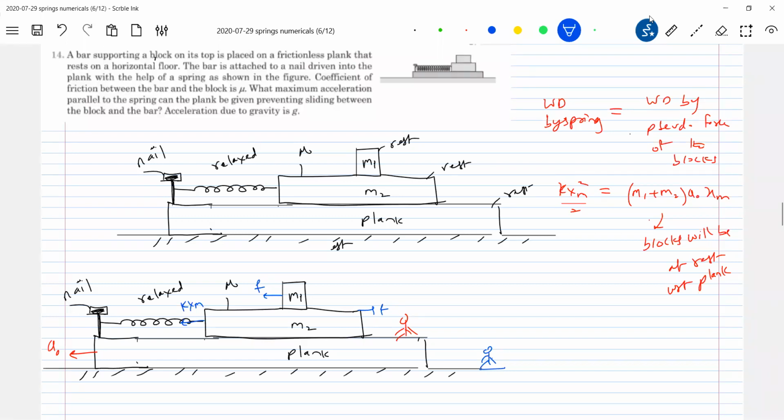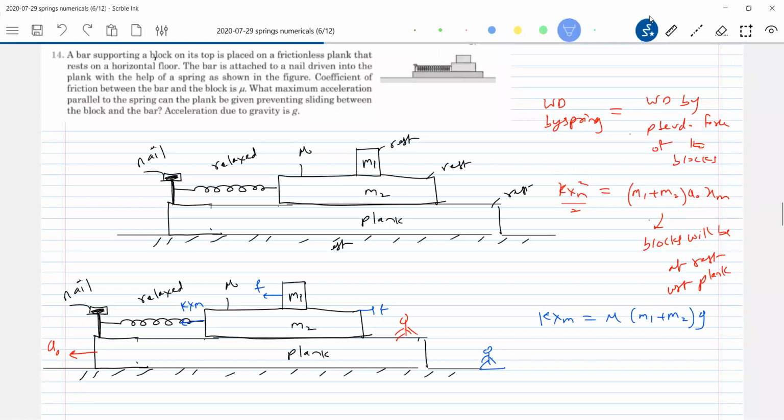So any equation, can you write it? Kxm should be equal to, directly I'm writing it since we know this, the maximum force for no slipping. This is the formula: Kx equal to mu (m1 plus m2) g. Now substitute this kxm value there and solve for that acceleration a naught.